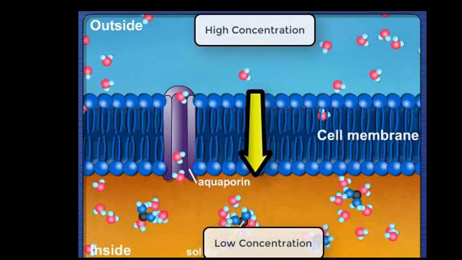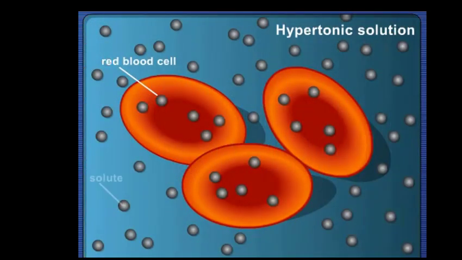Now let's take a look at how osmosis affects our cells. Here we have red blood cells, which are the cells that carry oxygen in our body. In the blood, you're going to have dissolved materials called solutes, and these take the place that water could occupy. So if you have a higher concentration of solutes on the outside, that means you're going to have a low concentration of water out there.